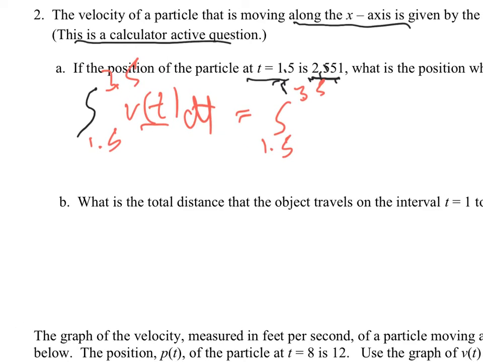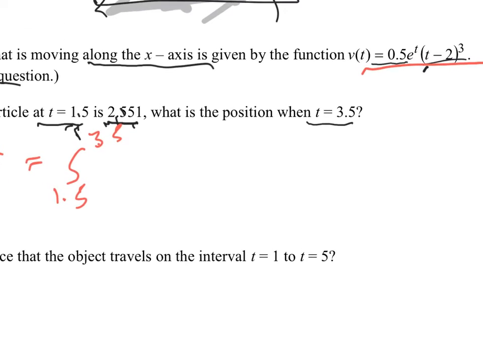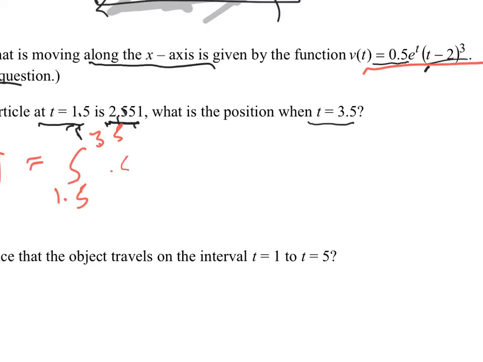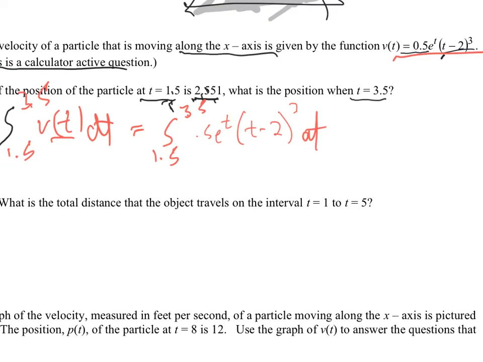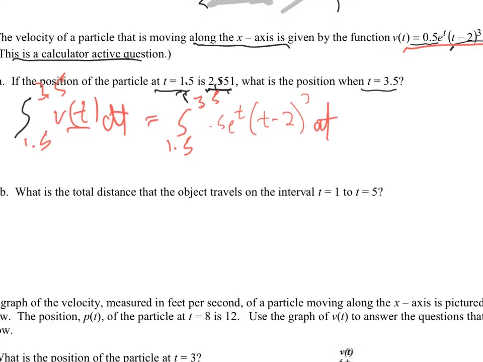I would just go right to my calculator and key that bad boy in, which is 0.5 e to the t. Here's another reason this is a calculator problem: you can't do this by hand. There are other methods later on, like integration by parts, but probably not.